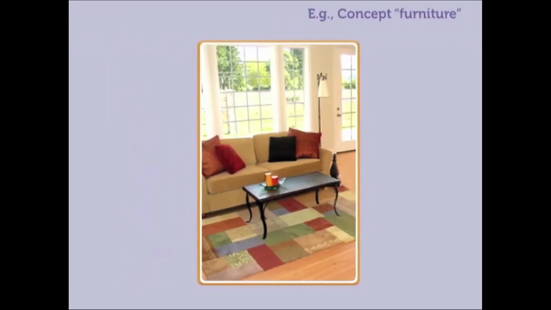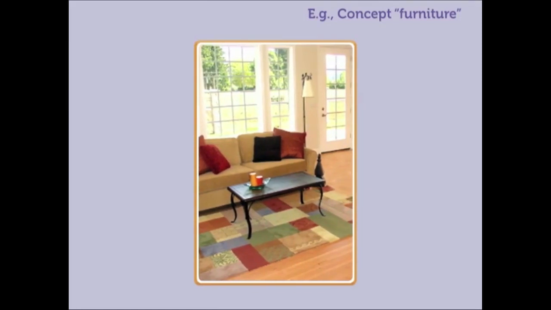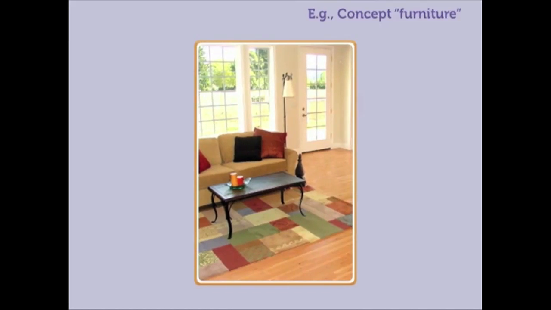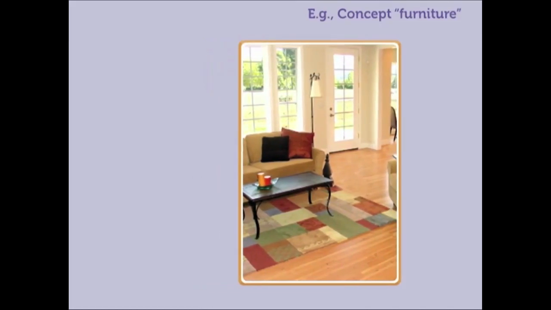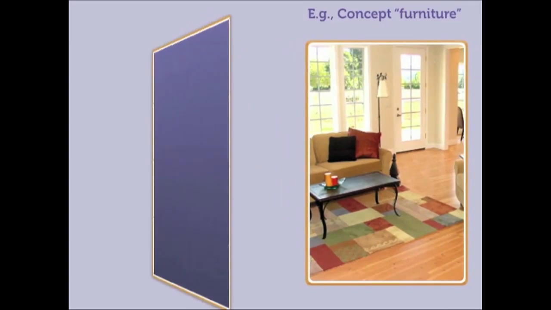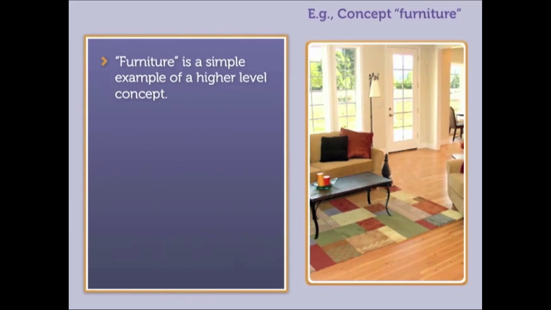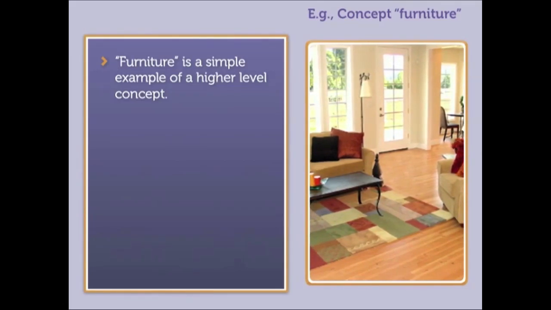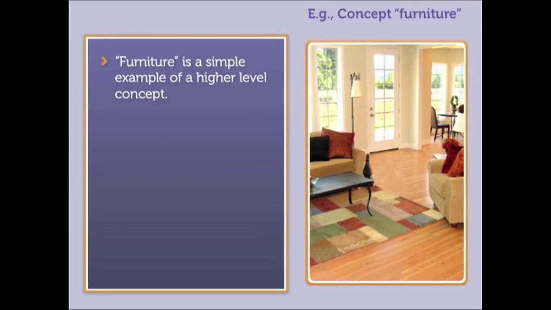Now, a very simple, obvious example. If you are teaching a child such a concept as furniture, you don't do it by saying, furniture is this, this, and this, because he cannot get it even though you are pointing to instances. Furniture, I take here as a simple example of a higher level concept. And a higher level concept is one that you cannot get directly from perception, but only from earlier concepts.